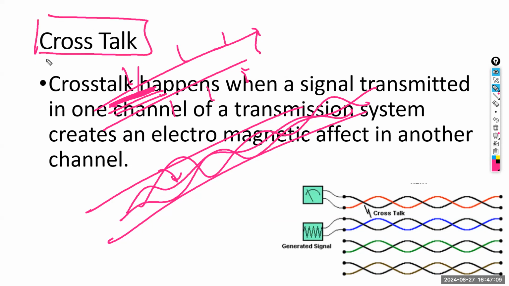Because I don't think that you have experienced this much, but about 20 years ago, when we used our telephone lines, especially wired telephone lines, when I take a call, all of a sudden in the middle, sometimes I can hear another conversation. So that is crosstalk. Some other signal has overlapped with my signal.